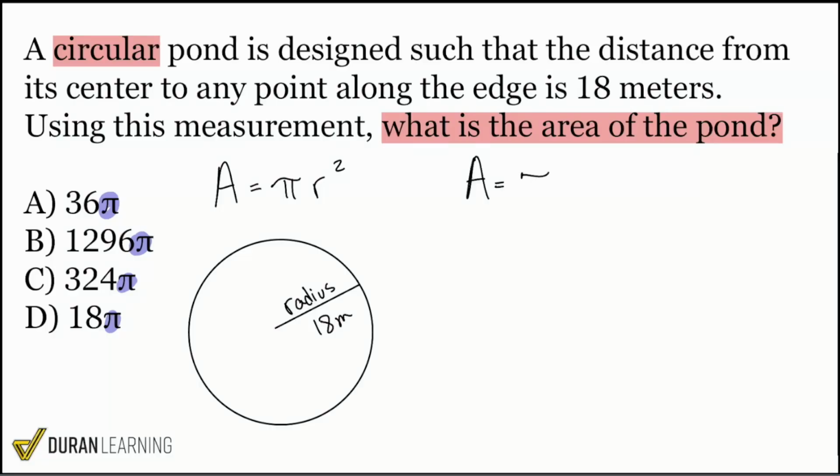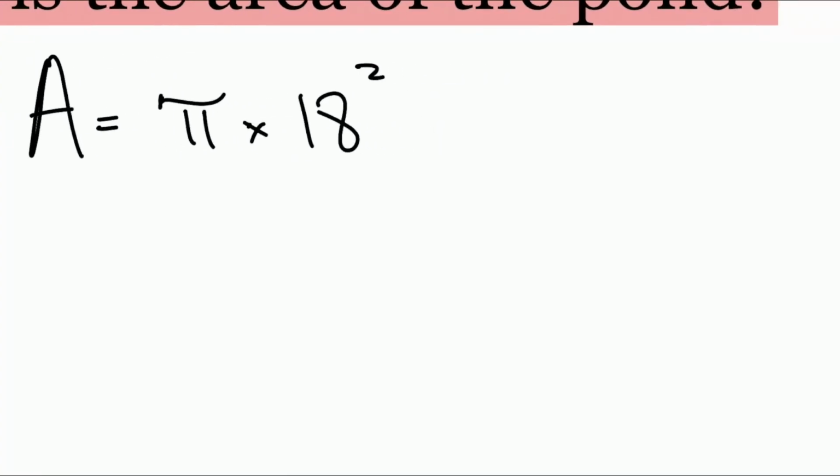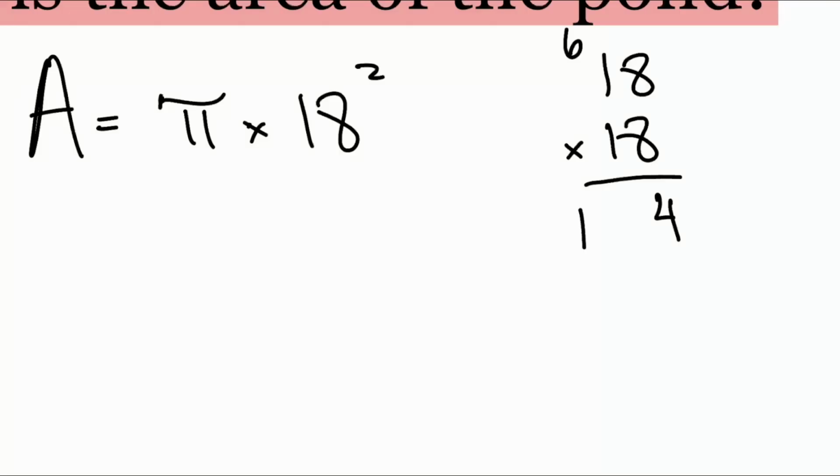So here we are. Area equals pi multiplied by 18 squared. All we have to do now is figure out what 18 squared is, which we can perform pretty quickly here on the side. 8 times 8, that's 64. 1 times 8 is 8. Carry the 6 is 14. From there, we'll plug in that 0 so we can start working on the 1 here. 1 times 8, that's going to be 8. 1 times 1, that's going to be 1.